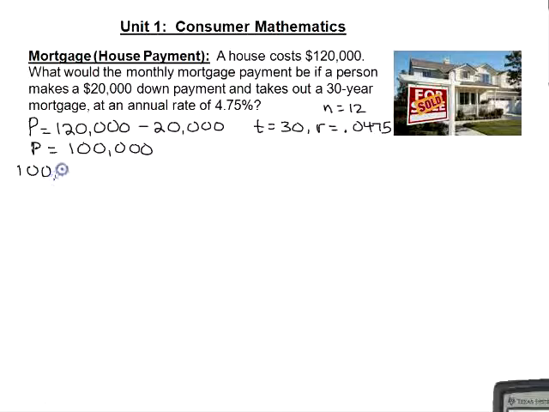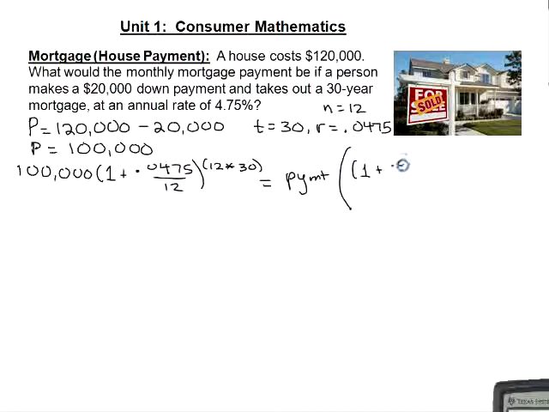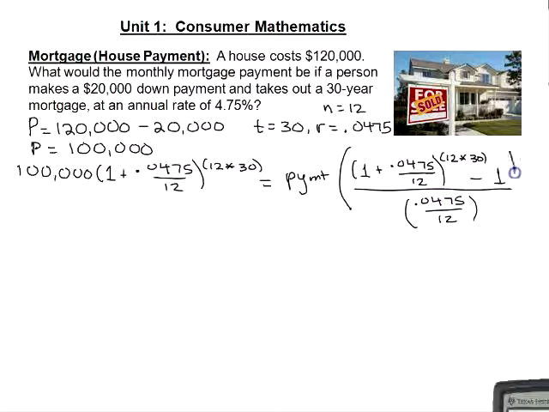We'll have 100,000 times parentheses 1 plus 0.0475 over 12, close parentheses, raised to the 12 times 30, is equal to payment times, open up parentheses and then another set of parentheses, 1 plus 0.0475 divided by 12, close parentheses, raised to the 12 times 30, minus 1, all over 0.0475 over 12.